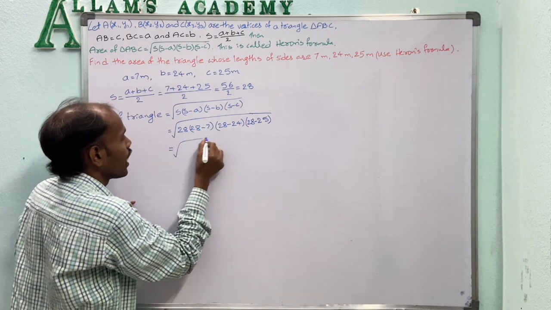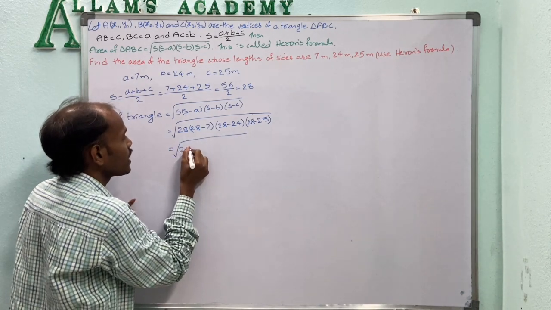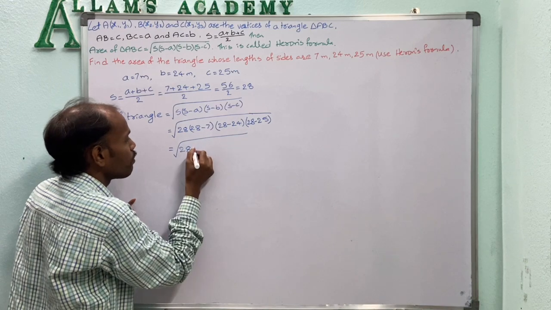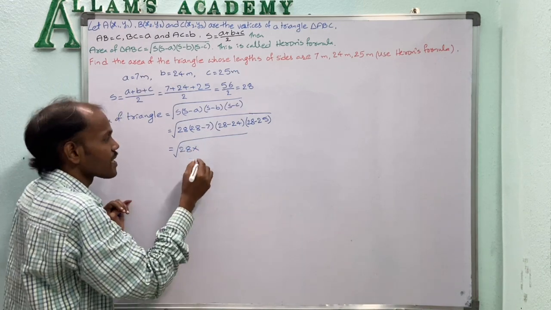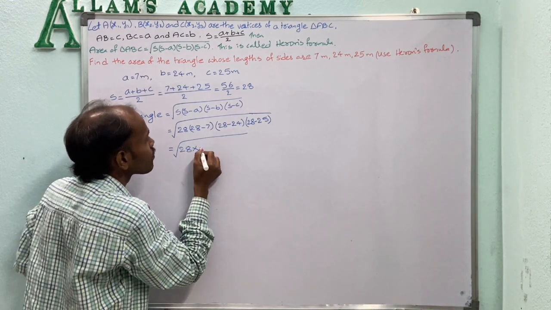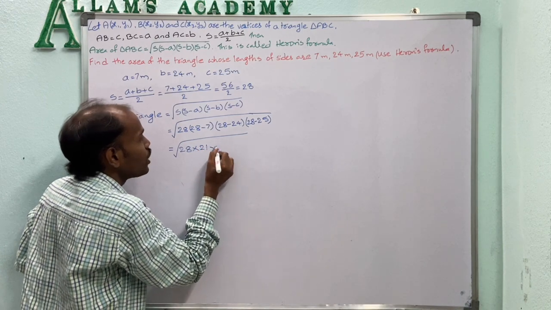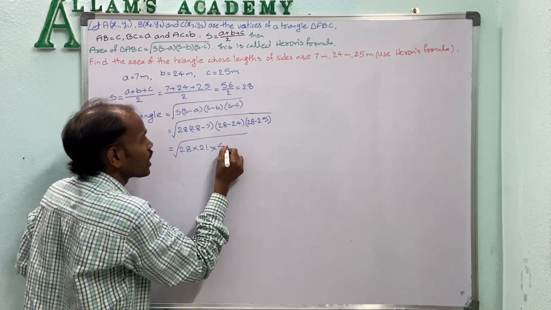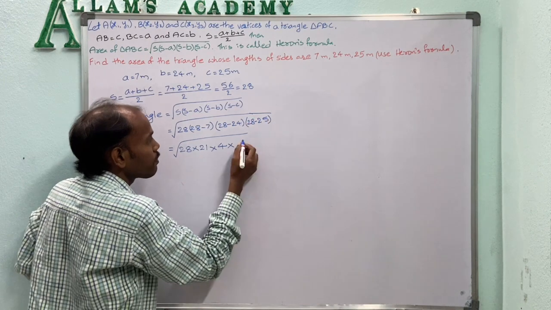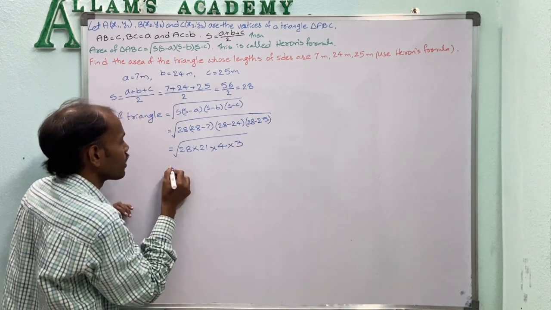That equals under root 28 into 28 minus 7, which is 21, 28 minus 24 equals 4, and 28 minus 25 equals 3.